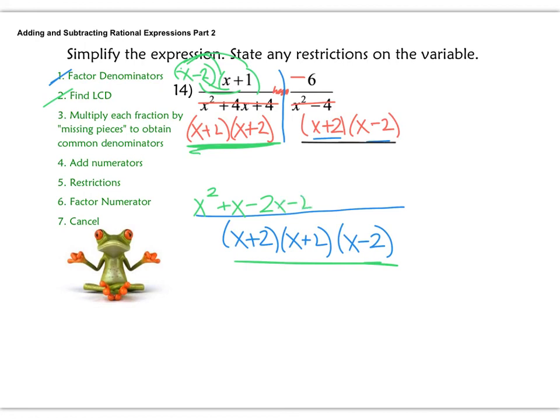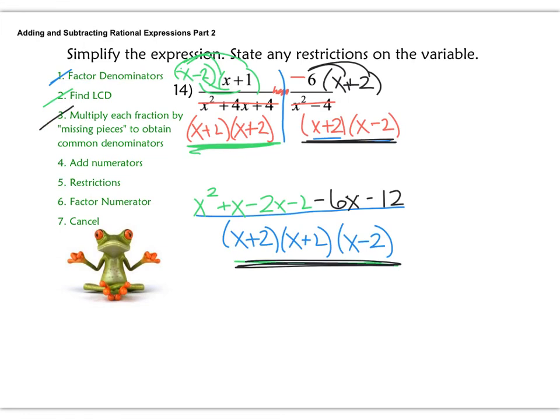All right, second one, what is this one missing to look like this? And it is missing another x plus 2. So we have to multiply the top by the x plus 2 that it was missing. So distributing, we get negative 6x minus 12. All right, that was step 3.